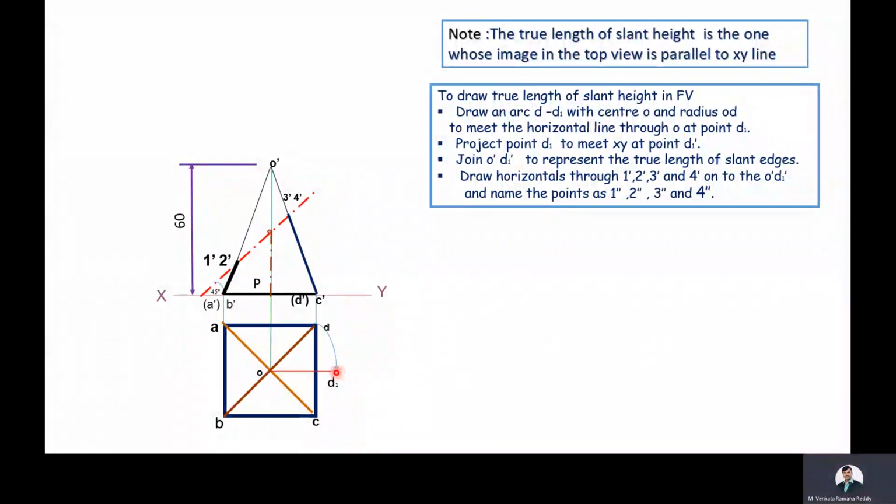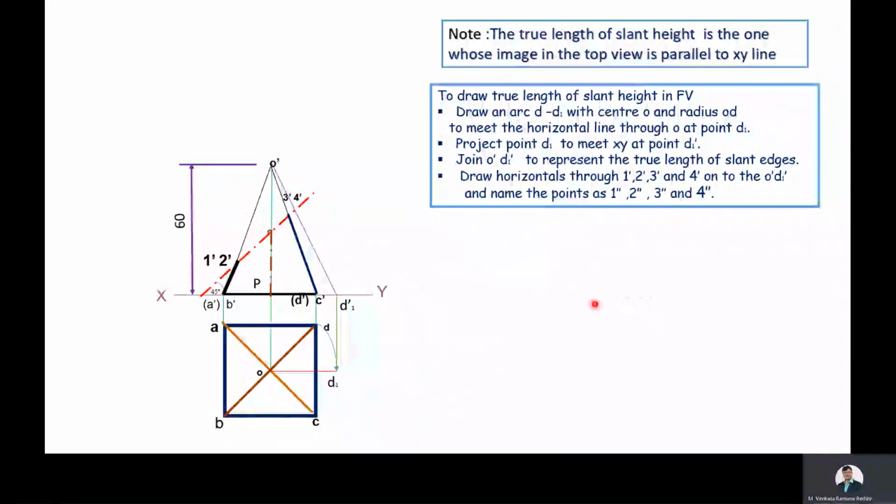So at D1, draw a projector towards the XY line. Then name this point as D1 dash. Join O dash and D1 dash. Here, O dash D1 dash is the true length of the slant height of a square pyramid.